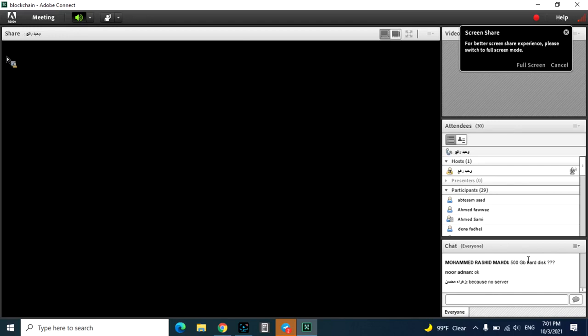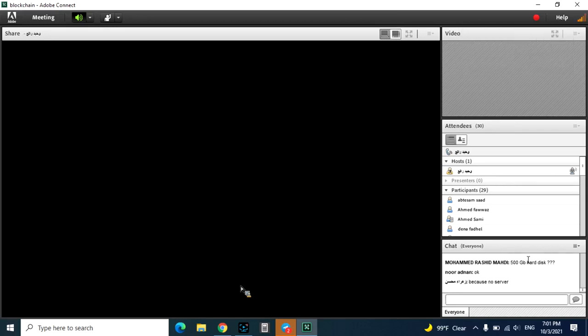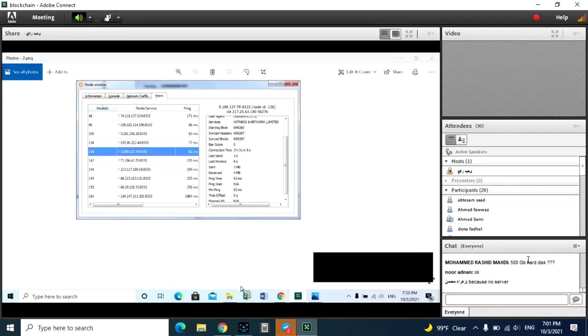As I said in the previous lecture, the blockchain network is a peer-to-peer network. It means that each client will be connected to some other computers. In my case, I choose 10 peers. As you can see, here are the IPs, exactly 10 nodes.